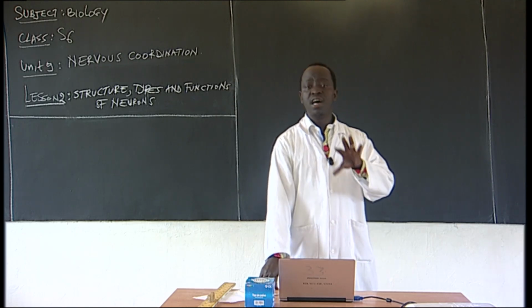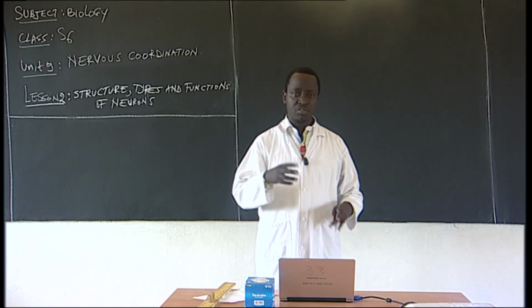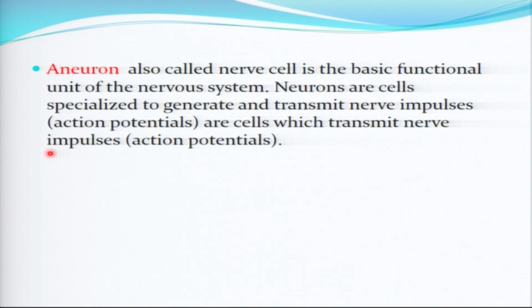Those neurons are distributed in every part of the body. They are there just to carry the message, either from sensory cells to the central nervous system, or to carry also the response from the central nervous system to different parts of the body, to the effectors.